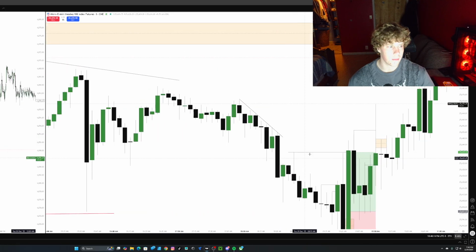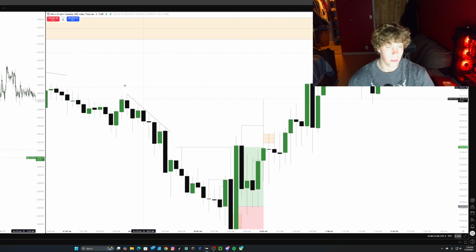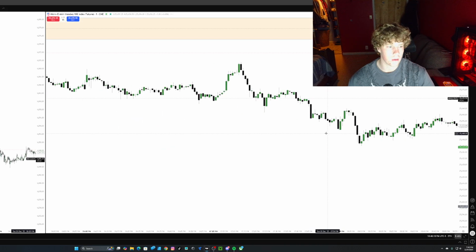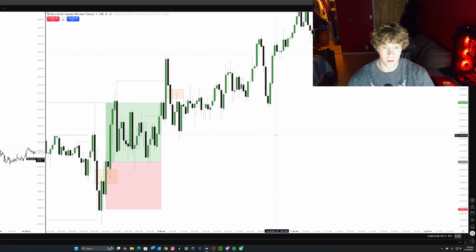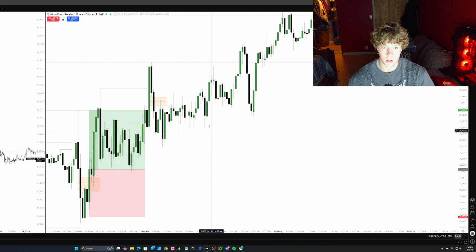Did we have a 5 minute? No. Okay, so I'm wrong there. It would have been a break-even trade, because I would have gone break-even either at this high here, or that low there, or the low right below that. In both cases, would have been stopped at break-even.